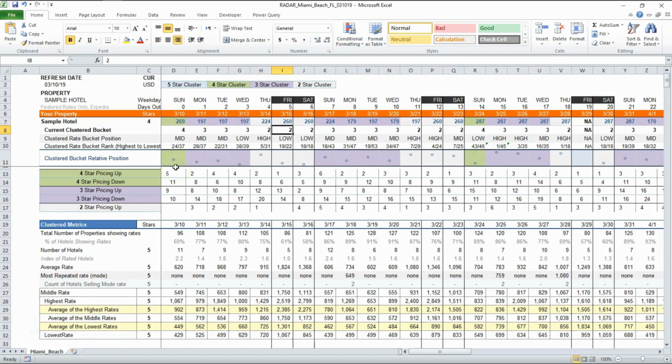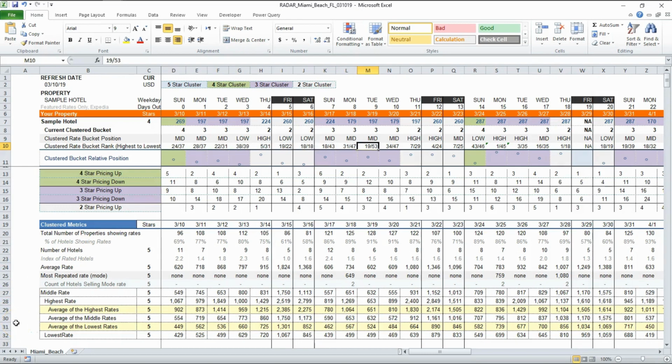The next row gives you the clustered bucket where each of the rates lies. To understand where the rate is positioned within the clustered bucket, the next row identifies whether the rate is in the low, middle, or high third of that bucket. Right below that, you have the ranking of the rates within the bucket.